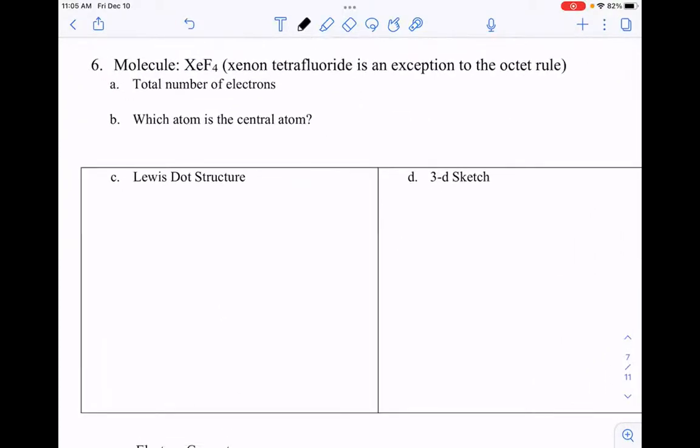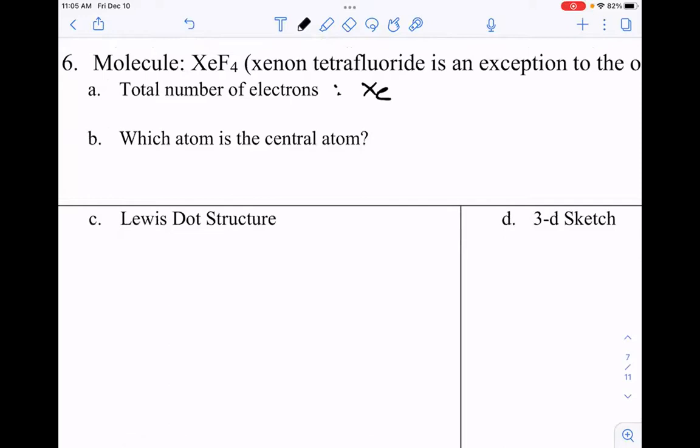We're halfway done. And then we have to go back and do the 3D sketch and the pictures or the models. Anyways, XeF4, so we have xenon and then fluorine. There's 1 xenon, there's 4 fluorines. Xenon is group 8 and fluorine is group 7.